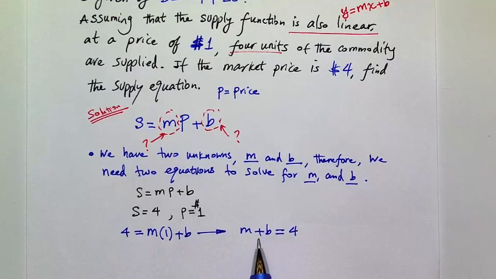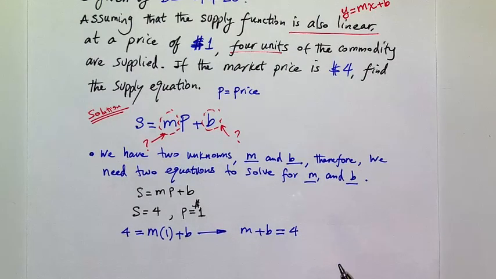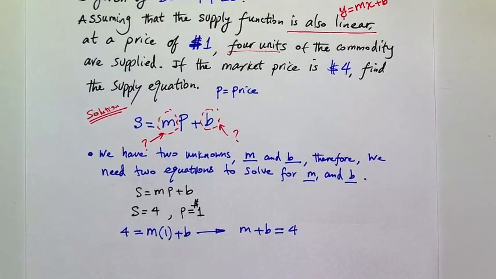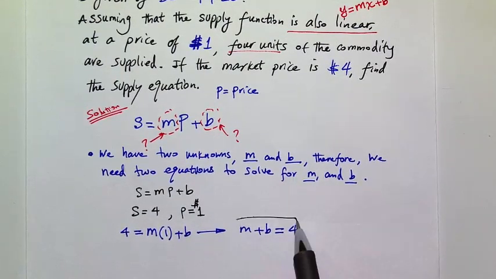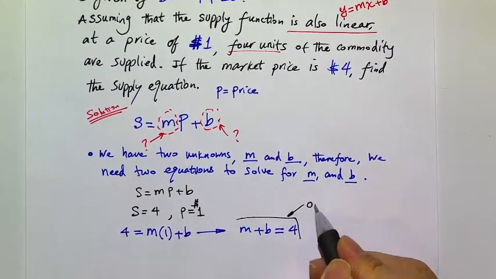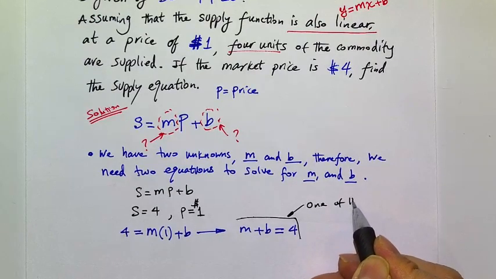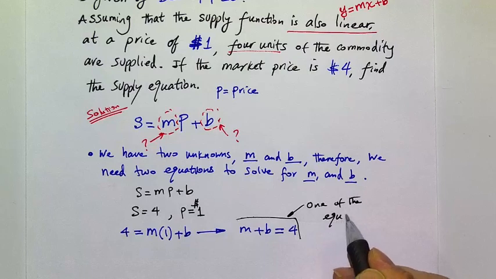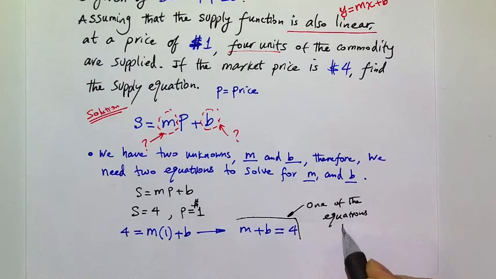I just wrote it so the variables are on the left and the constant value is on the right. That's how we want the equations to look when we solve systems: the variables on the left and the constant on the right. So this is one of the equations we need.